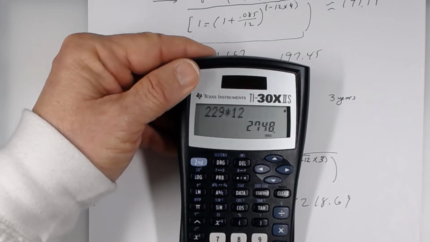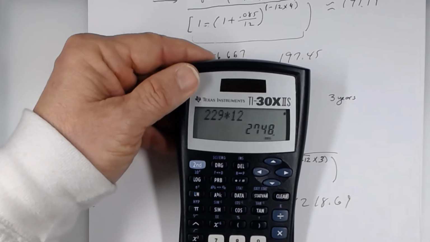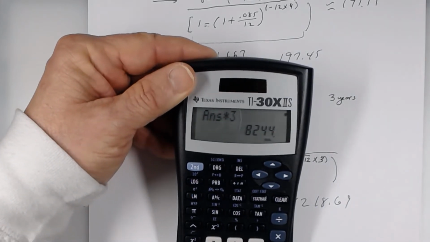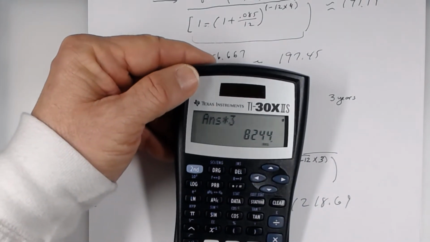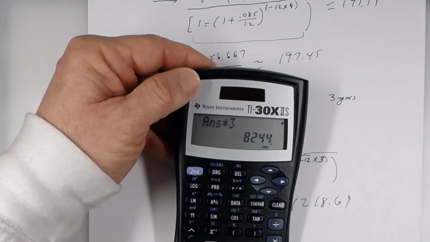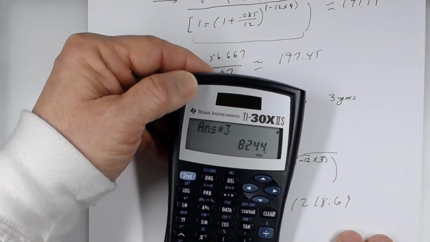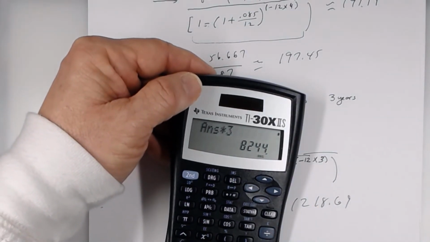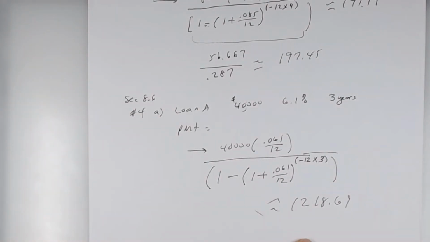How many years is this for? 3. So times 3. So you're telling me that this $40,000 loan, all you're going to pay off is $8,244? So you know you did something wrong, because the total payment should be more than $40,000. All right, so that is your monthly payment.